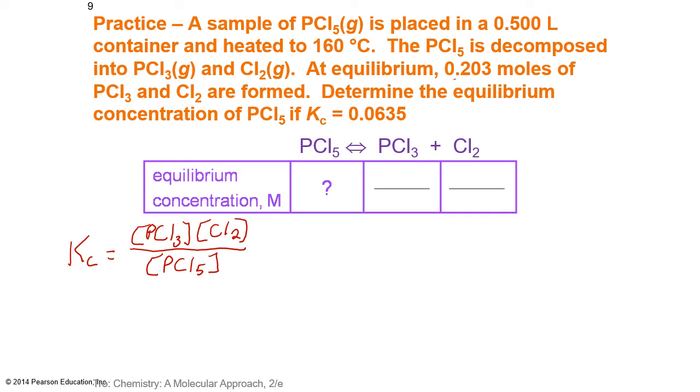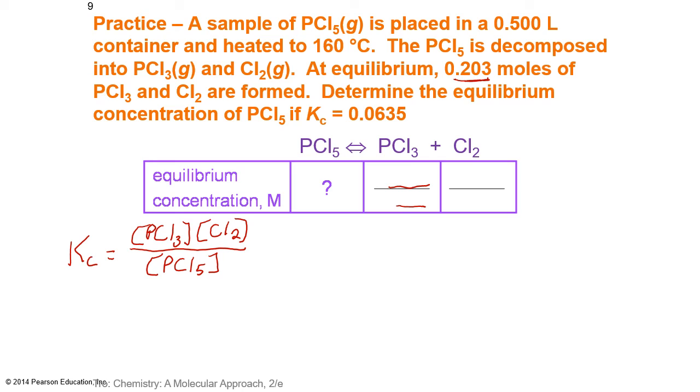Because we're given the amount in moles for the PCl3 and the Cl2, we can determine their concentration by taking the moles and dividing by the volume.